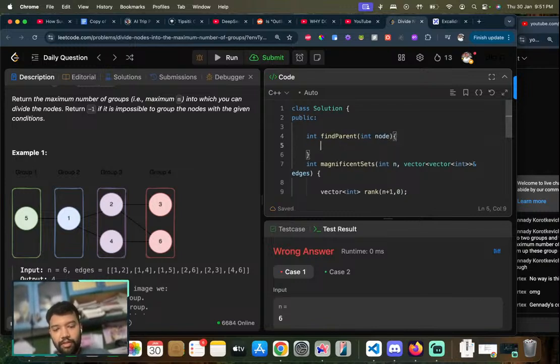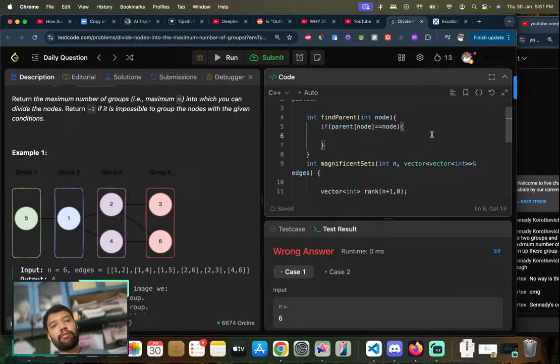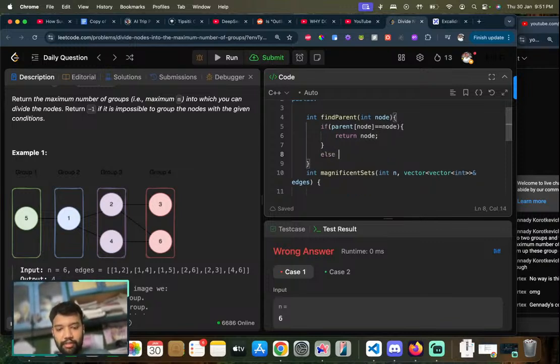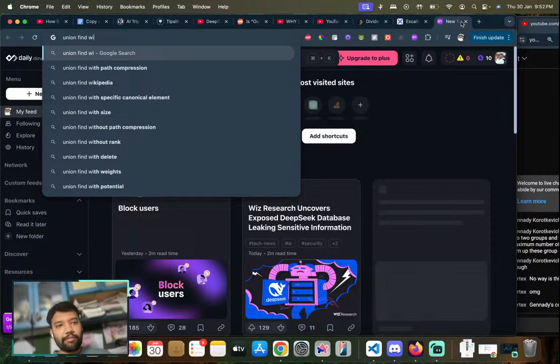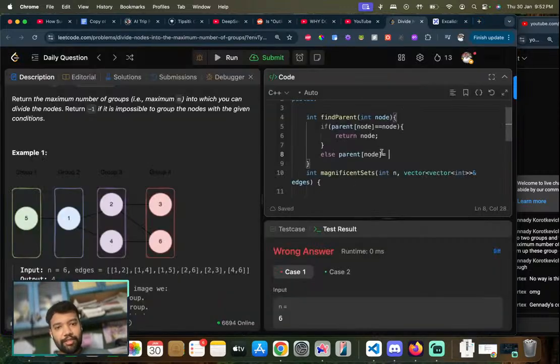We get a node. If parent of node equals node, then in that case what we do is return node. So that is the node. Else, we do relaxation here. I don't know what we call that. So union find with path compression. We call it path compression. So we do path compression here.